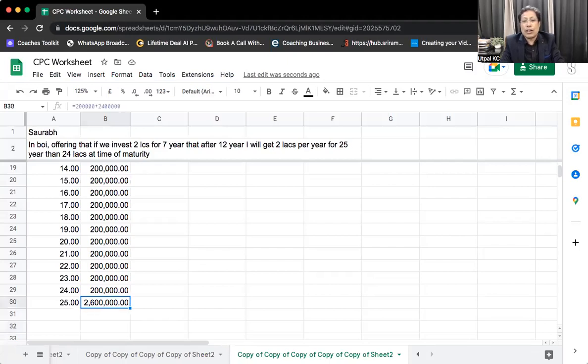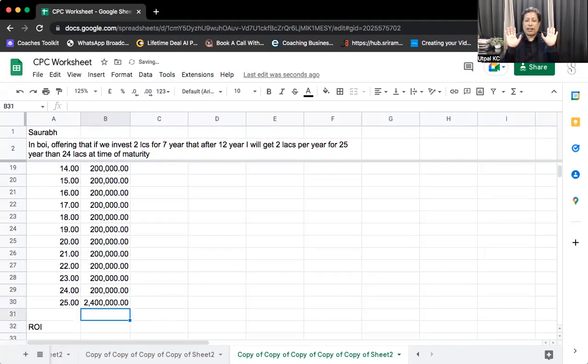Yes, for 25 years. So this is 37. Okay, that's correct. Now we'll have to do IRR. 25 years, 24 lakhs plus 2 lakhs. This 2 lakhs you will get, right? 2 lakhs plus 24 lakhs, or only 24 lakhs?